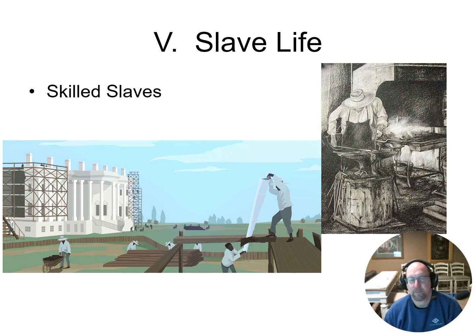The third group of enslaved people are skilled slaves. These are enslaved people that are doing jobs like being a blacksmith. They are making nails, making horseshoes, stuff like that.